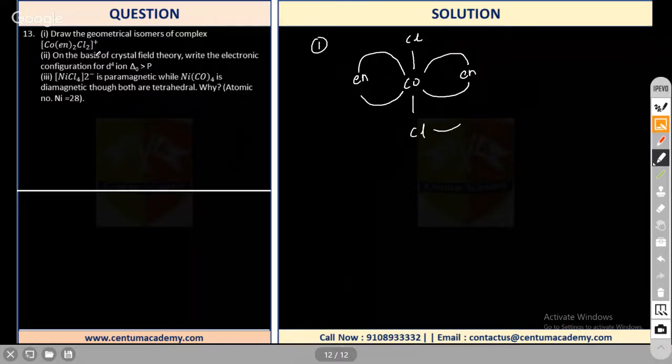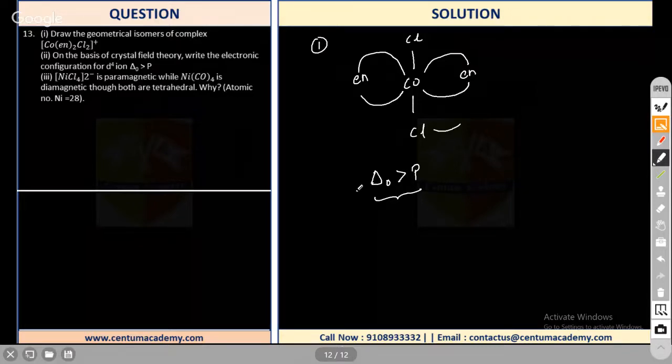Okay, the next one: on the basis of crystal field theory, write the electronic configuration of d4 when delta O is greater than P. What is the meaning of this? You tell me first. Delta O is greater than P. P is the average pairing energy, right?